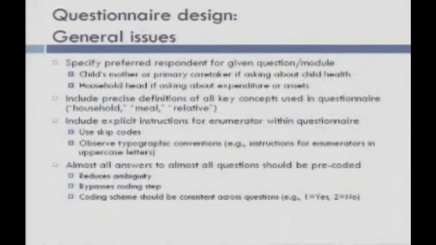Okay? It's good to write up a guidebook or a manual with precise definitions of what you mean by things. What's a household? That's complicated in a society, for example, where there might be polygamy. Do you mean the mother and her children plus the husband, or do you mean all of the co-wives?